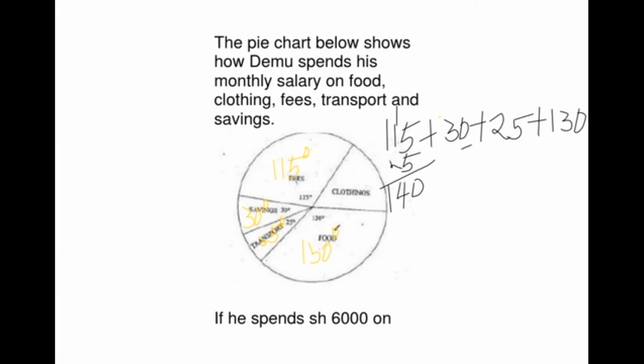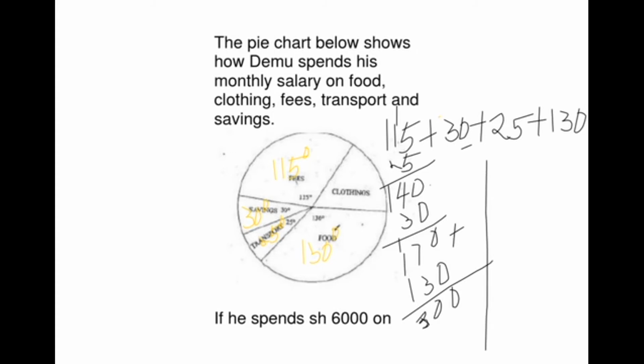Then plus 30, 0, 4 plus 3 is 7, plus 1. Plus 130, we have 0, 7 plus 3 is 10, carry 1, we have 3.